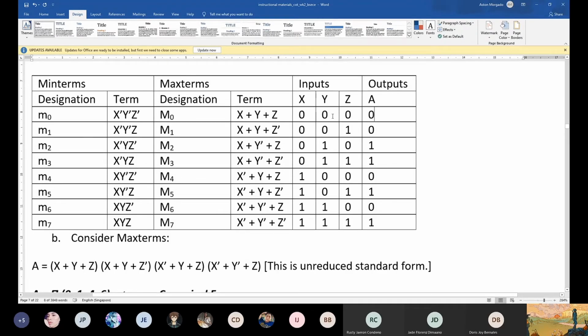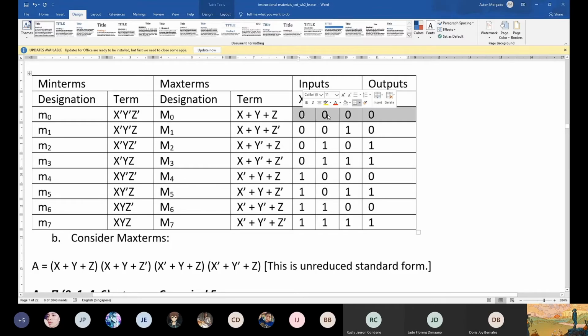Again, we have output of 0: x is 0, y 0, z 0. So that is x plus y plus z, times another term, x is 0, y 0, z is 1. So x plus y plus z prime. And then another, 1, 0, 0. So we have x prime plus y plus z.